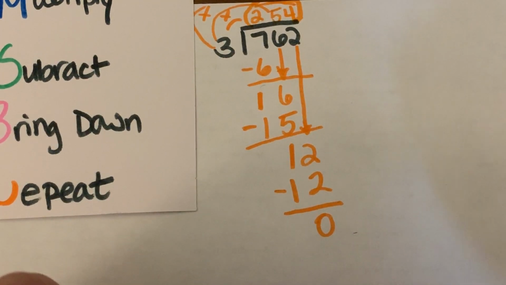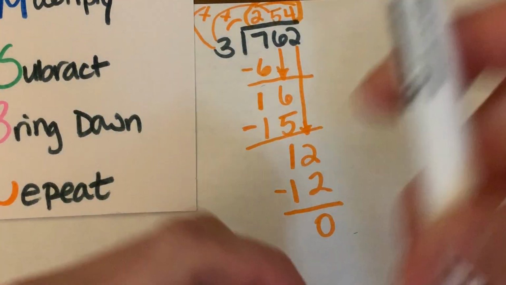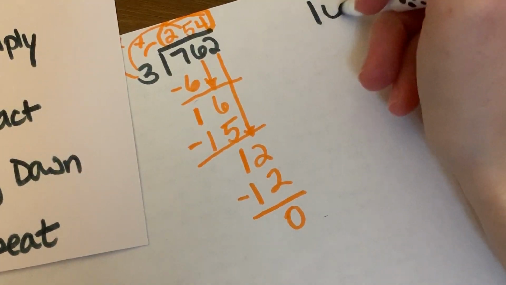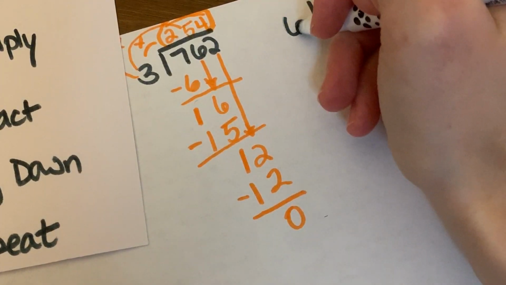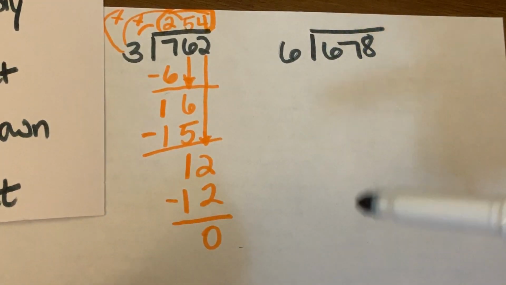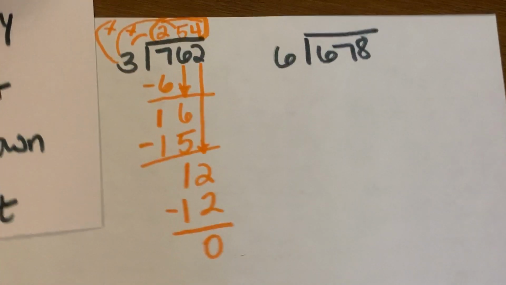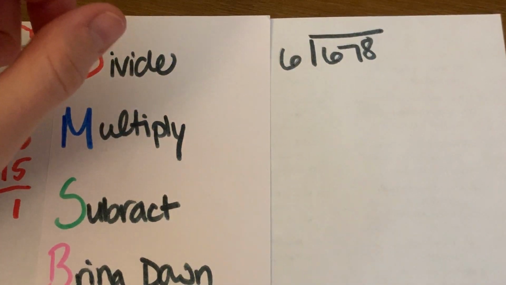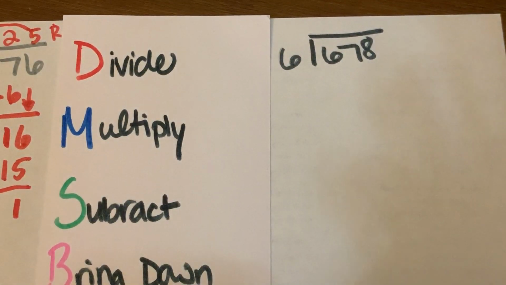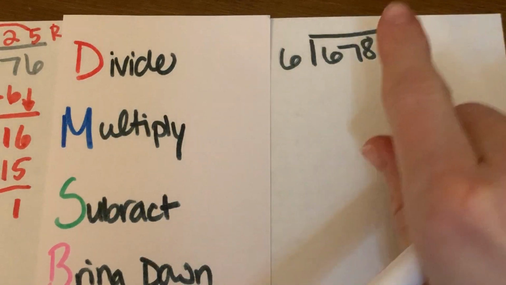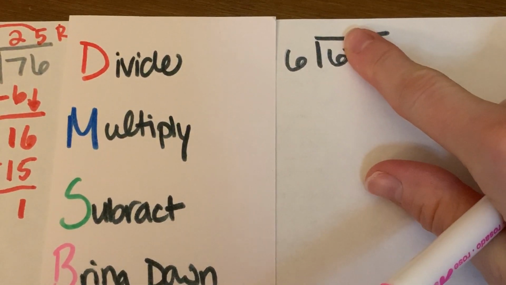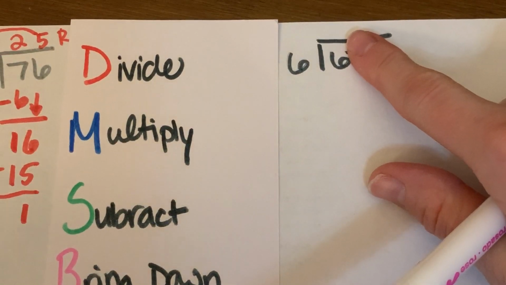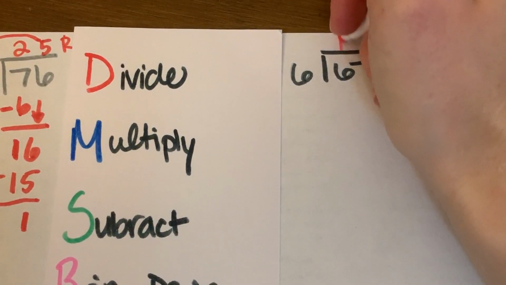All right, let's go ahead and try another one. Let's do 678 divided by 6. Go ahead and try that one. All right, we are going to divide, multiply, subtract, bring down, and repeat. 6 divided by 6 gives us, well, that's easy, that's 1.